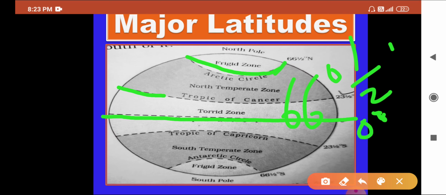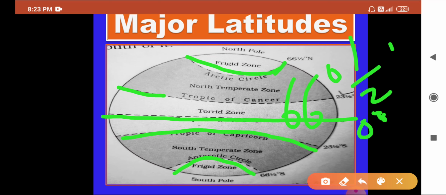In the southern hemisphere we can see the Tropic of Capricorn. This Capricorn is the Tropic of the southern hemisphere. You can see that this line has 23 degree and half extent in the south. And Antarctic Circle, this one is shown.